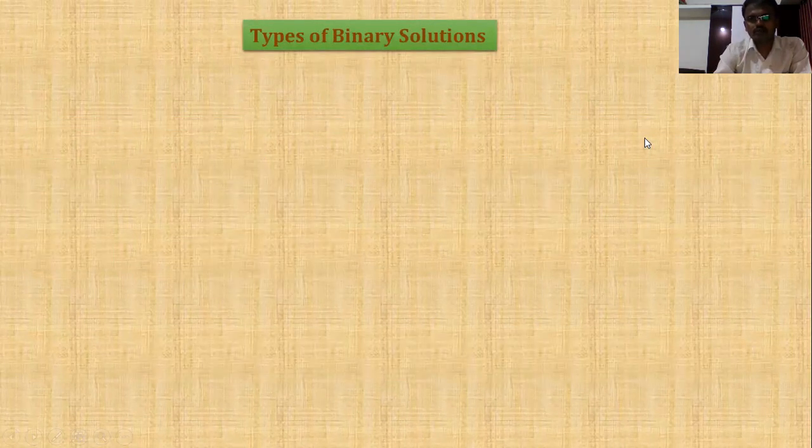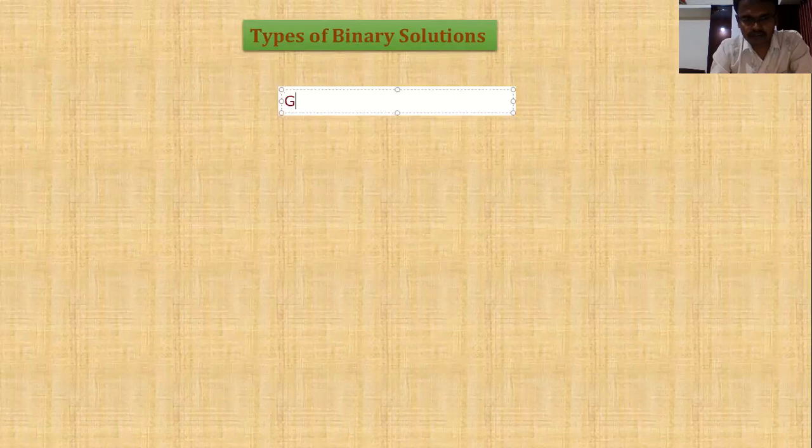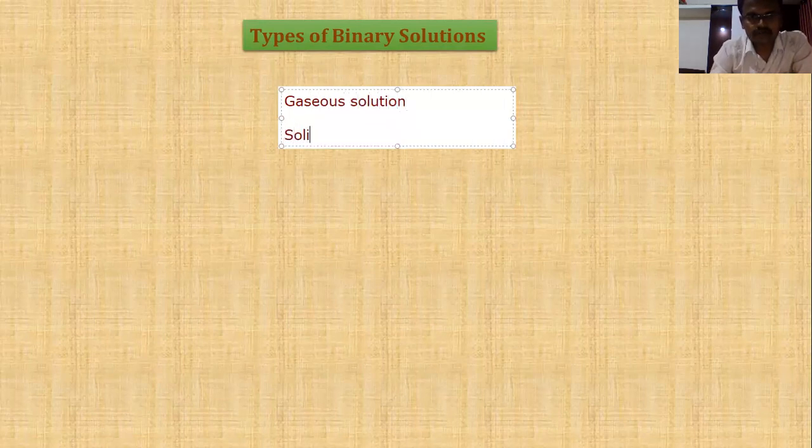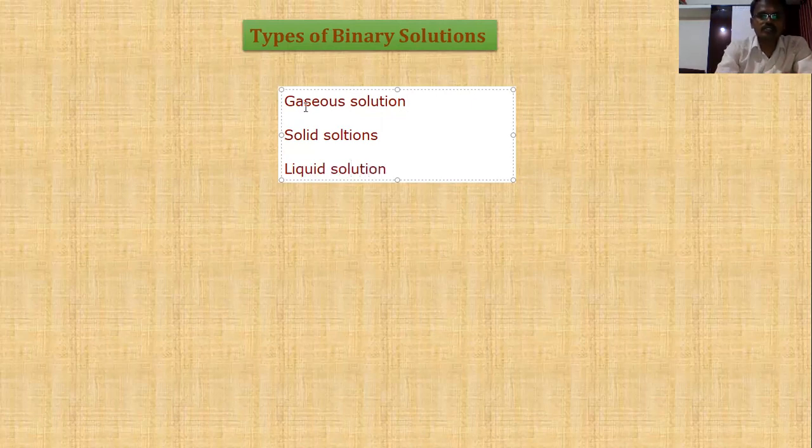Types of binary solutions. Students, we classify binary solutions depending on the solvent into three different categories: gaseous solution, solid solutions, and liquid solutions. In a gaseous solution, gas is the solvent.